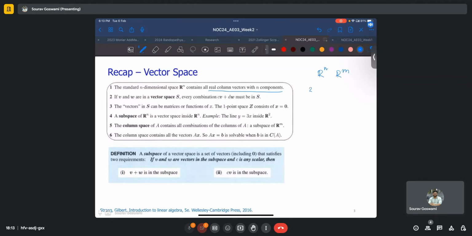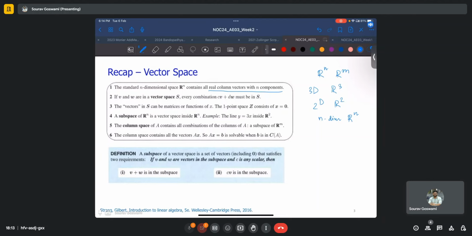When we are working in three-dimensional space, we call it R3. When I'm working in only a two-dimensional space, say a plane, the set containing all real vectors in this space shall be R2. Similarly, when I'm working in an n-dimensional space, the vector space shall be referred to as Rn. So R refers to real and n refers to the dimension.